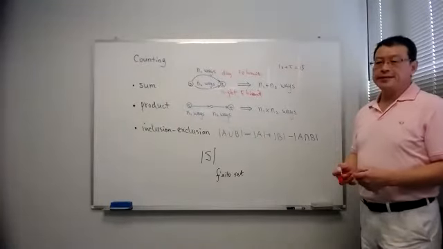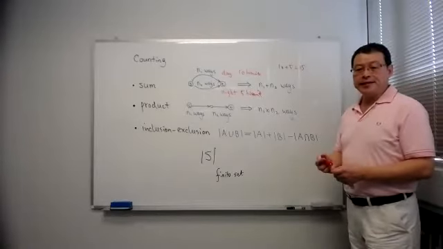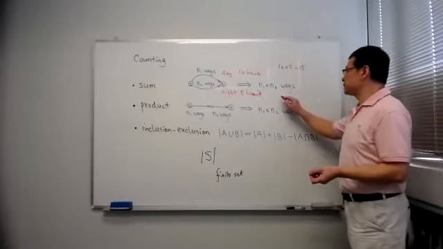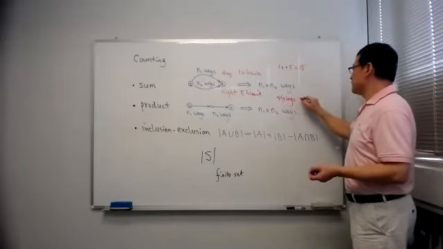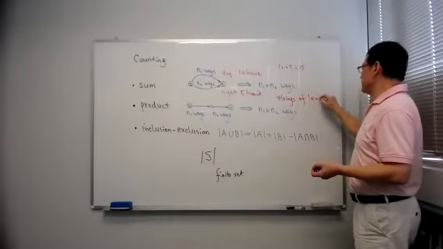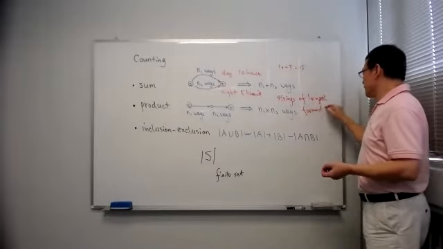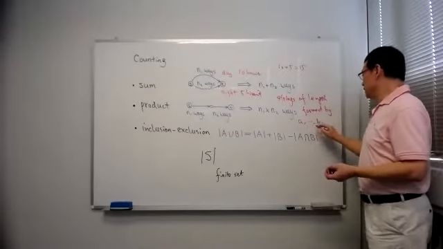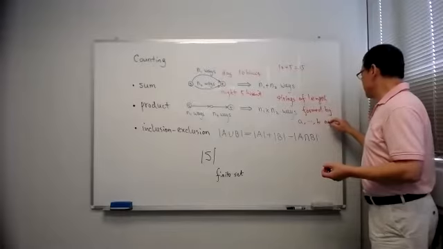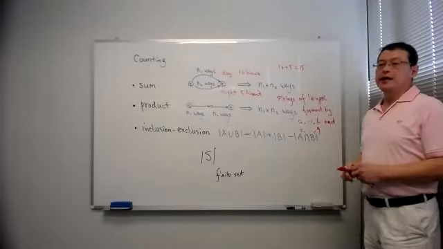For example, consider strings formed by letters and digits, say of length 2. Okay, so that's very simple. Formed by letters A to Z and digits 0 to 9.